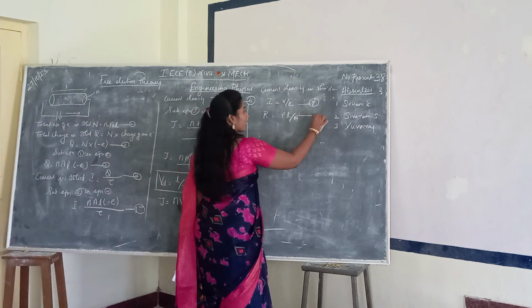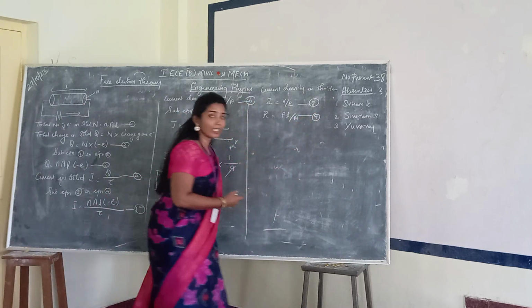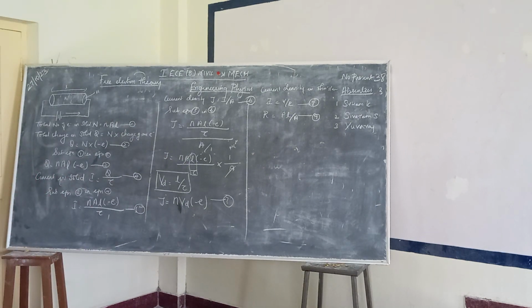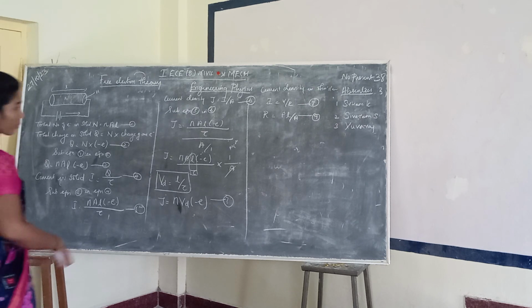Resistance is the opposition offered by the solid material to the motion of the electrons. The resistance is directly proportional to the length and the resistivity, and inversely proportional to the area of the material. It's the formula only.